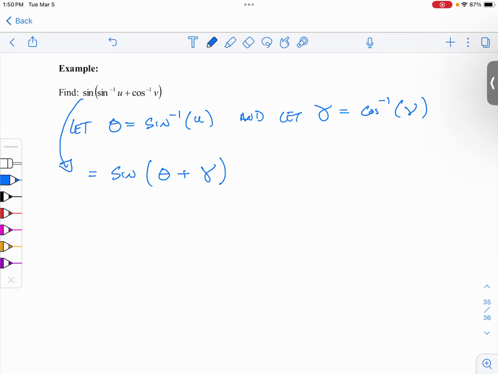Trig's all about what shape? Triangles. We're going to make the triangles on those individually. But before I do that, this here is sine of theta plus gamma. How do I deal with this thing?